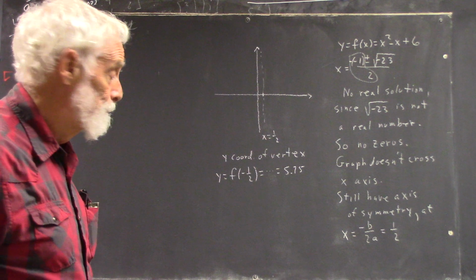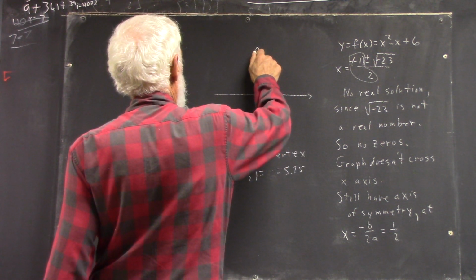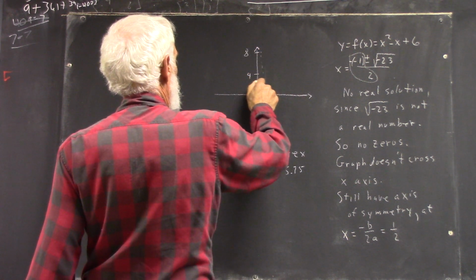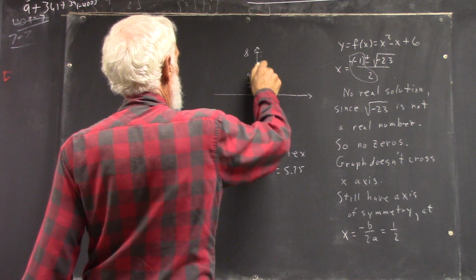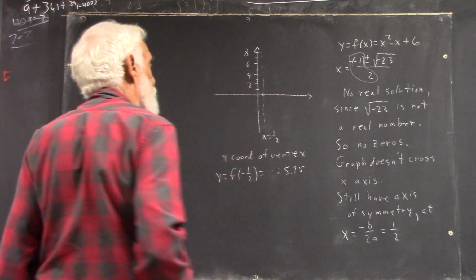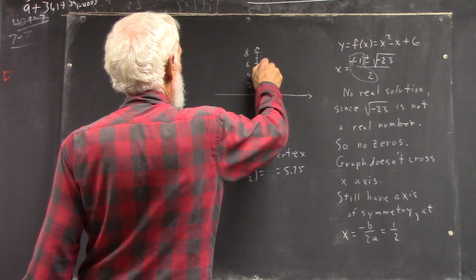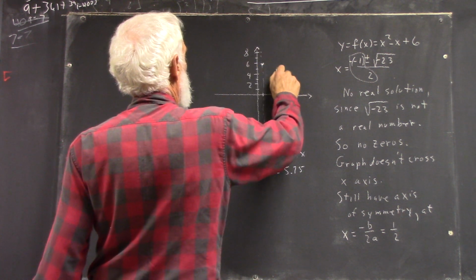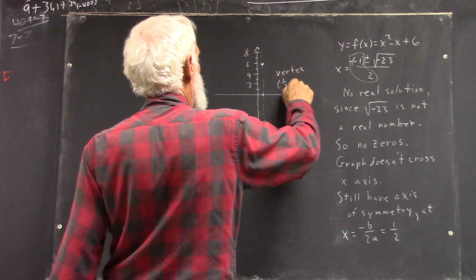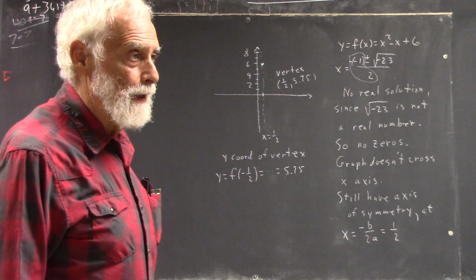Okay? So we can mark off the axis here. Let's go ahead and put 8 here. So 4 will be here. I use 8 because it's easy to subdivide intervals. So 5 is here. 5.75 would be about here. So here's your vertex, (1/2, 5.75).